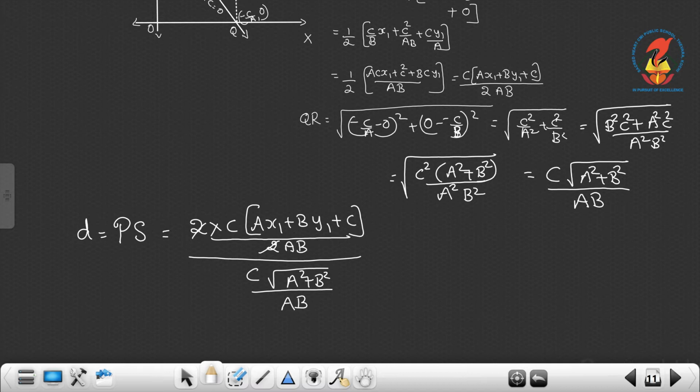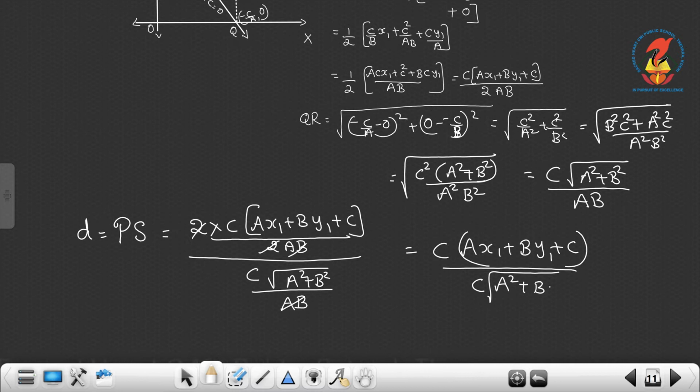So 2 and 2 cancel, AB and AB cancel. So that is C into (ax1 plus by1 plus c) by C into root of (a square plus b square). So C and C cancel.